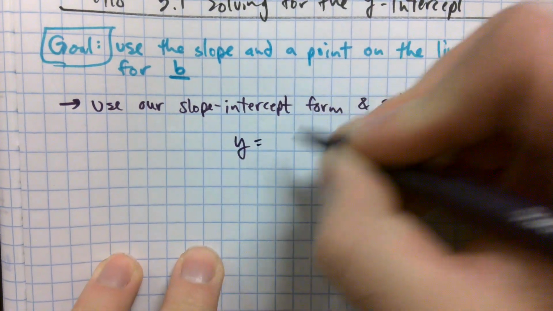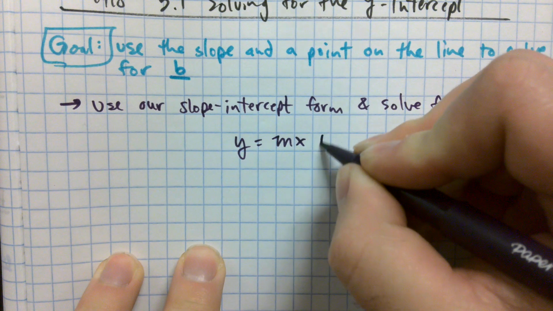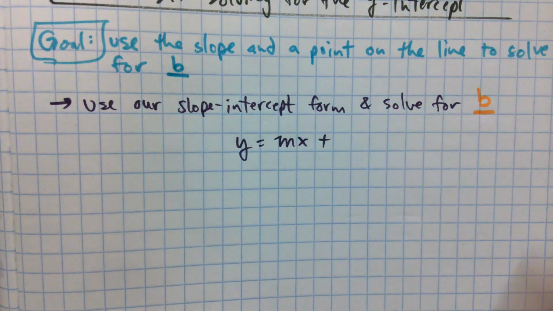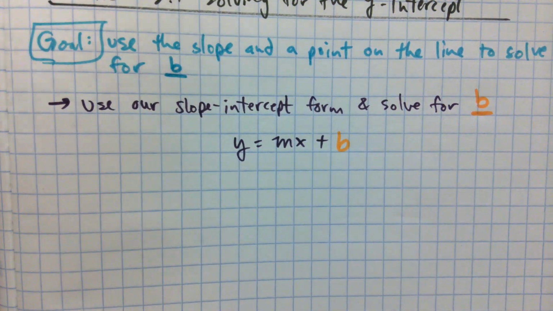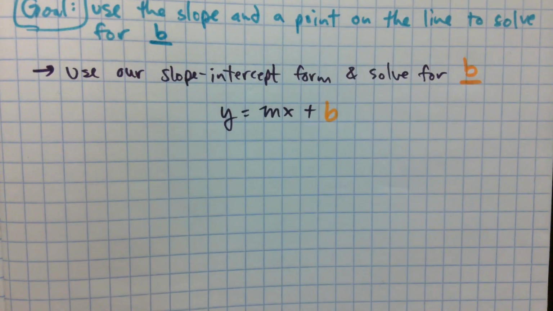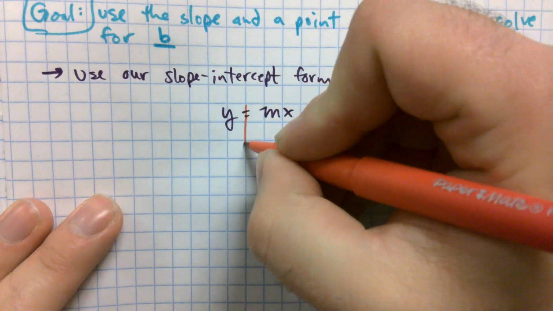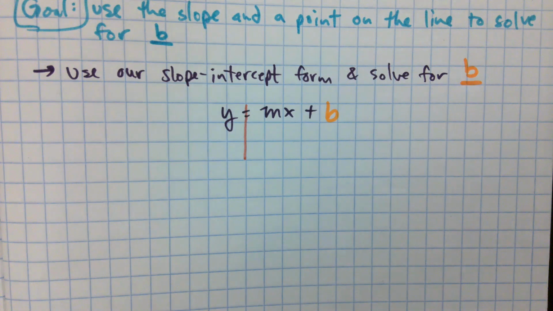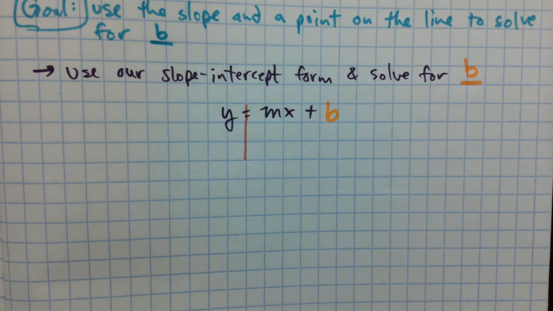So if we have y is equal to mx plus b, we're going to do exactly what we did in our warm-up to get b all by itself. We're going to split our equal sign with a nice vertical line just to separate the two sides of our equation, the left and the right.